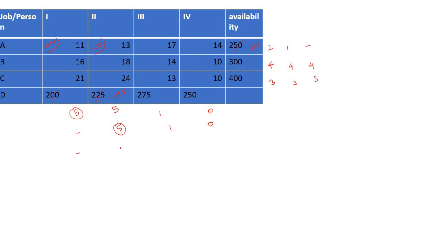For the second column, once again we find the differences: 18 minus 24 gives 6, then 1, 0. The maximum value is 6. Now we allocate to the minimum number in the second column, which is 18. The requirement is 175, so 175 is fully closed and 300 minus 175 is 125.